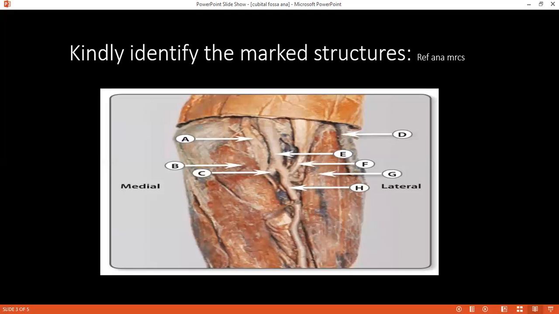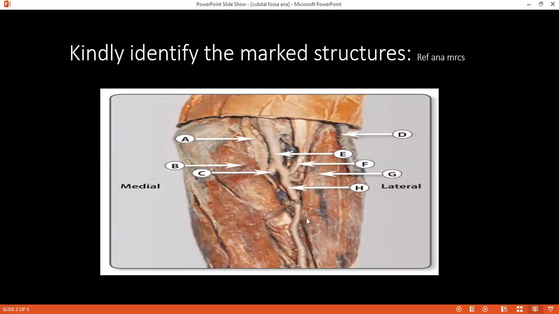Can you please tell me how many groups of muscles there are in the forearm? There are two, extensor and flexor. Can you name the flexor muscles of the forearm?